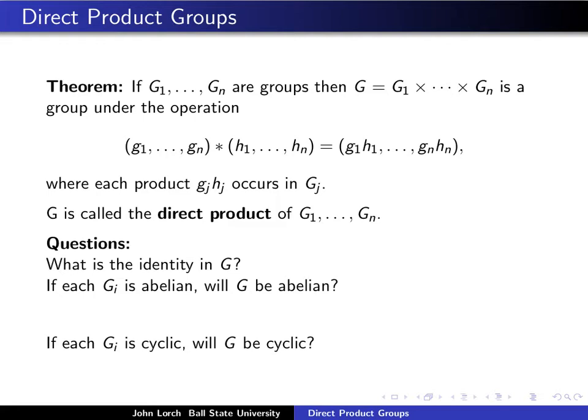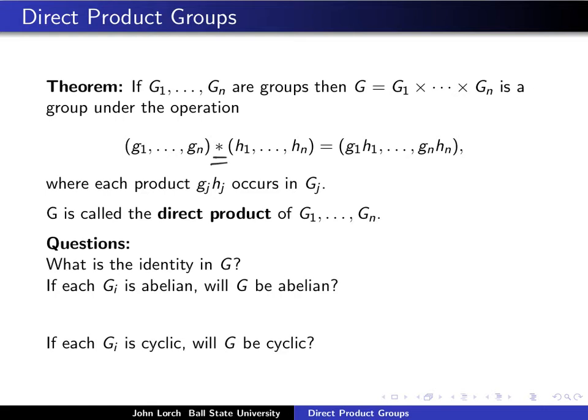The example on the previous slide can be generalized. If we take a list of groups, say G1 through Gn, we can form their Cartesian product G, and this new object is itself a group under a natural operation, this star, where when you take two n-tuples and multiply them together, you just multiply them component-wise.